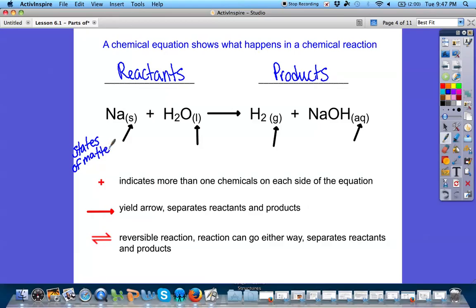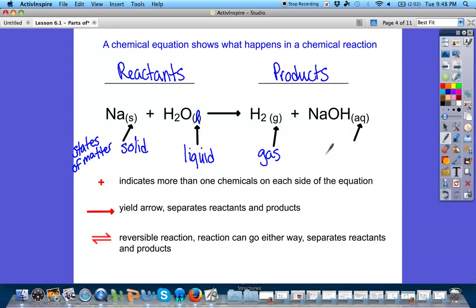So the S in parentheses is indicating that sodium is solid. Water is a liquid, and I always write that as a cursive L. Water will always be liquid unless you were told otherwise. Like water vapor would be a gas. You have hydrogen gas. G is representing that it's a gas.